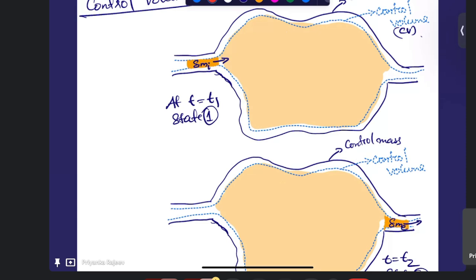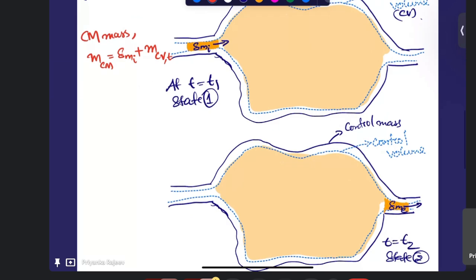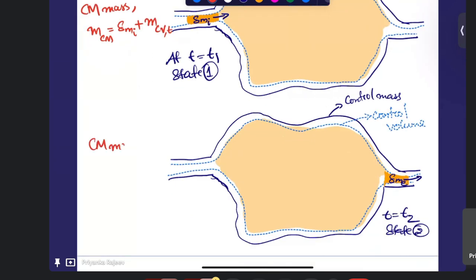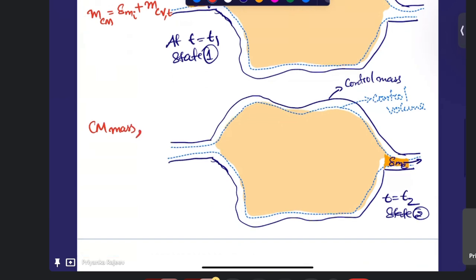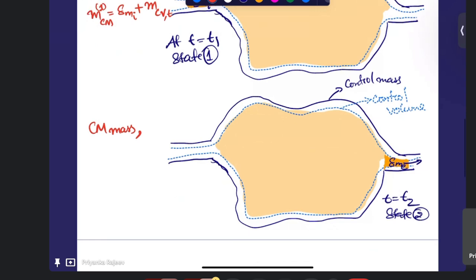So the mass of this control mass system can be given by MCM1 equal to delta Mi, which is entering the control volume, plus MCV at time t. Similarly, the control mass at state 2 can be given as MCM2 equal to delta Me plus MCV at time t.